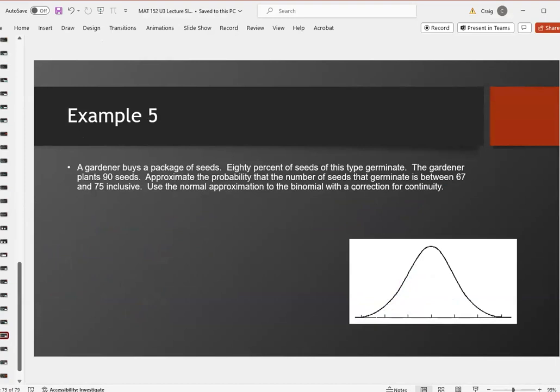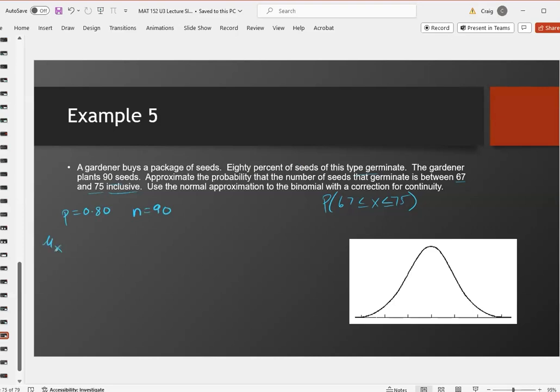Here, a gardener is going to buy a package of seeds. 80% of the seeds of this type germinate. He's going to plant 90 of them. Let's approximate the probability that the number is between 67 and 75 inclusive. That means including both of them. So 80% of the seeds germinate, that's 0.80, and we have 90 seeds.